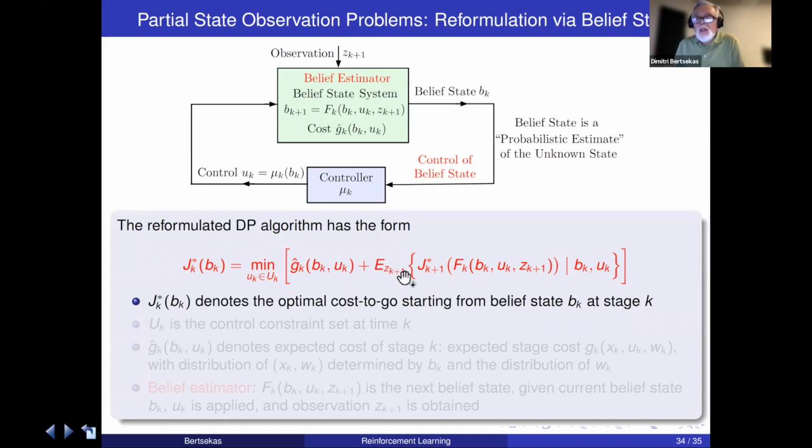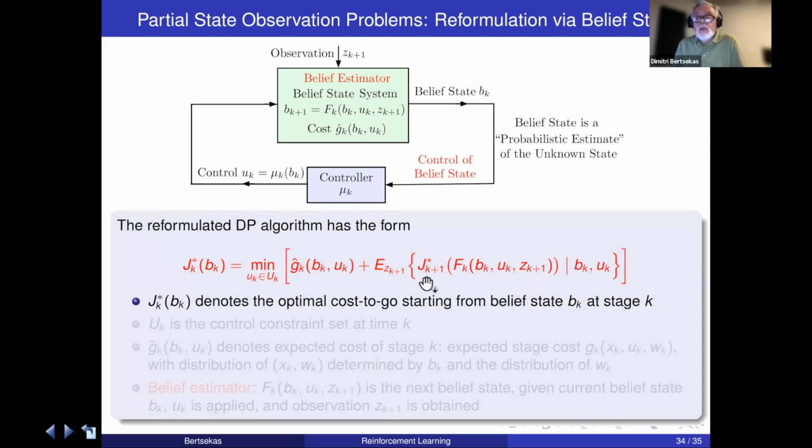And we take the expected value with respect to z_{k+1}, and the conditional distribution of z_{k+1} can be computed. It's conditional with respect to b_k, given b_k and given u_k.